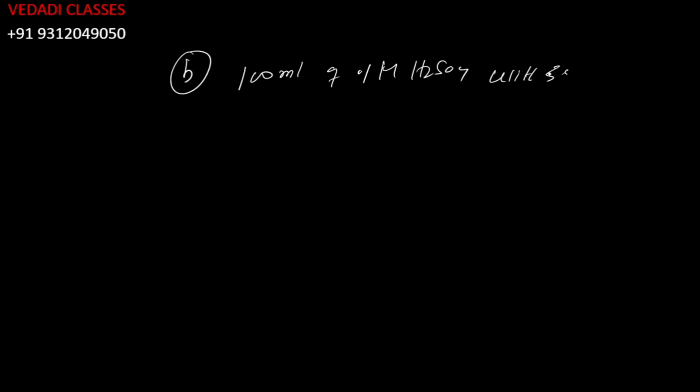But what happens when one is the acid and the other is the base? One is the molarity, the other is the normality. First I would like to give you one question: 100 ml of 0.1 M H2SO4 with 50 ml of 0.1 M NaOH.